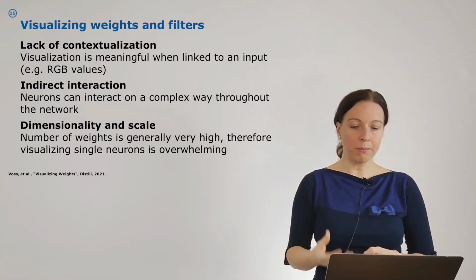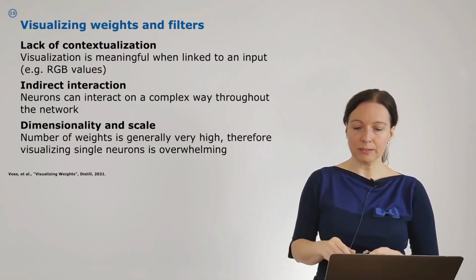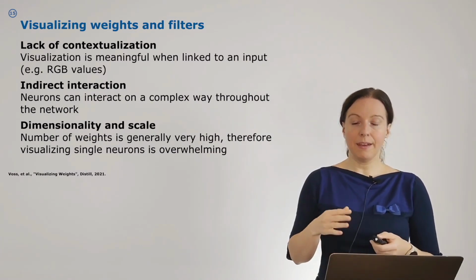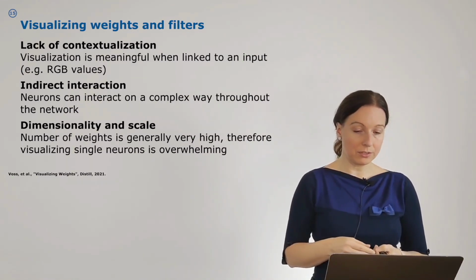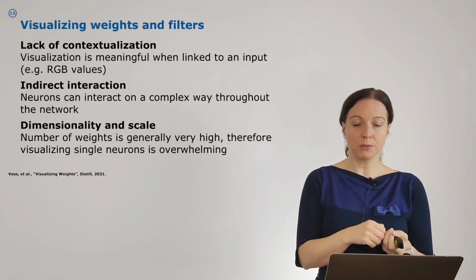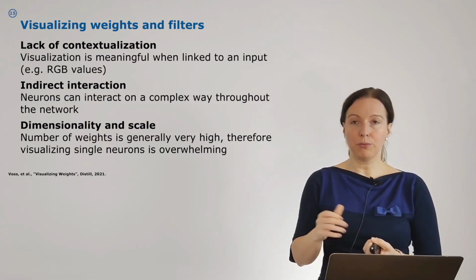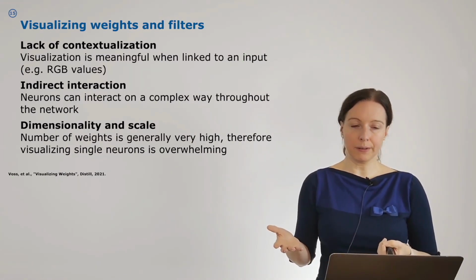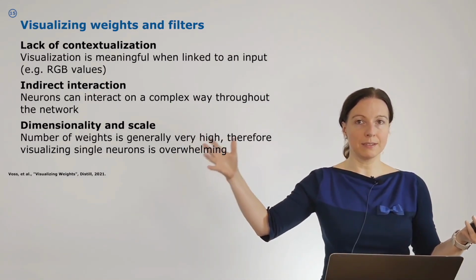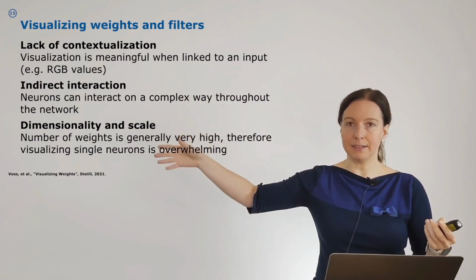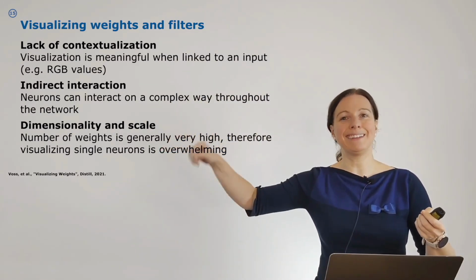Then there's the problem of indirect interactions. Sometimes there are meaningful and important weight connections between neurons which aren't directly connected in a neural network. For example, in a residual network, some neurons are copied and interact with neurons in later layers.